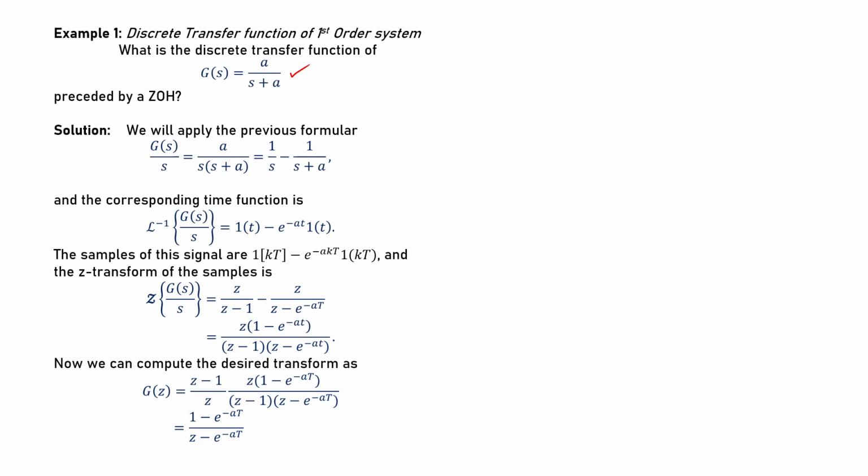Then we sample this function. You can see when we sample the function in the time domain, the value is still the same as the continuous one when we evaluate at the sample time kT. And then we can apply the Z transform to this function and this function.